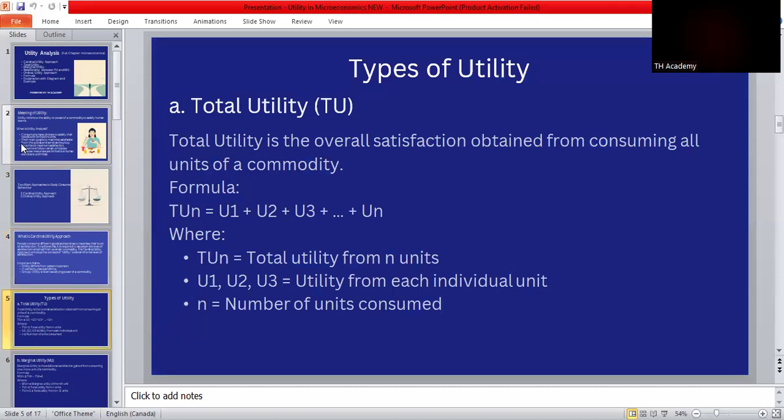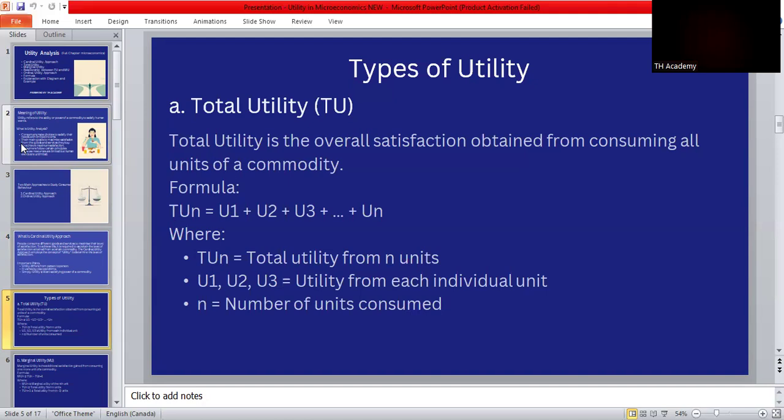Now let's talk about total utility or TU. So, total utility is all the satisfaction you get from consuming all units of a particular good or service. For example, if you eat 3 slices of pizza, the total satisfaction from all 3 slices together is your total utility.